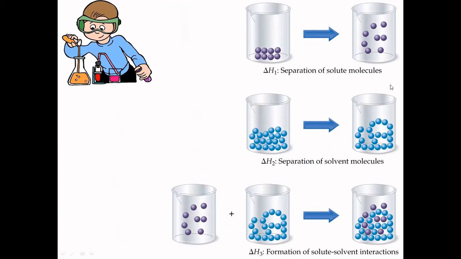Once they are separated, only then can they interact with one another. So this refers to the ions of your solute and the water molecules. Now they can interact with one another. There will be no interaction unless these ions in your solute get dissociated from one another, and your molecules in your water get separated from each other as well.